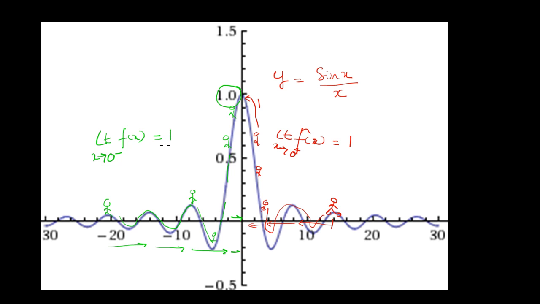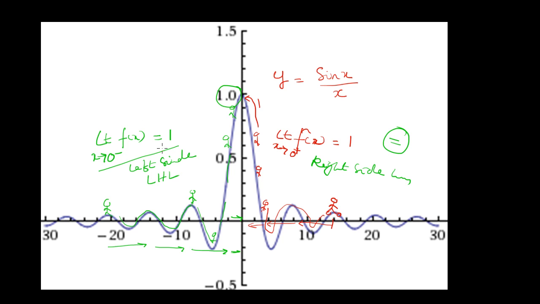In this case, this limit, which is called left side limit or left hand limit, is equal to right side limit or right hand limit. Both are equal in this case. Fine.